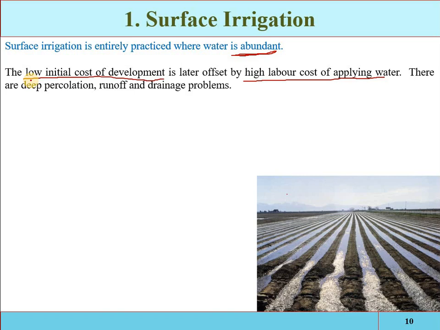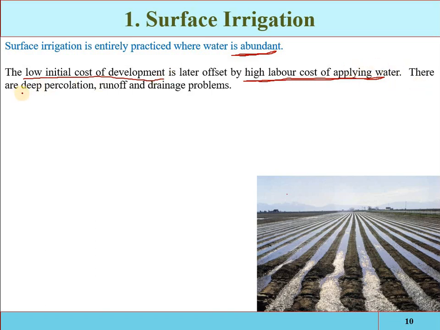Surface irrigation has no initial cost, but there is an operating cost, some labor cost during the application of water. If you are applying the water in a controlled manner, then some labor will be required for guidance or land preparation for the irrigation. So the labor cost will be counted into the irrigation.